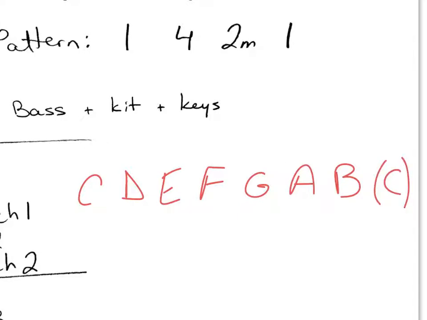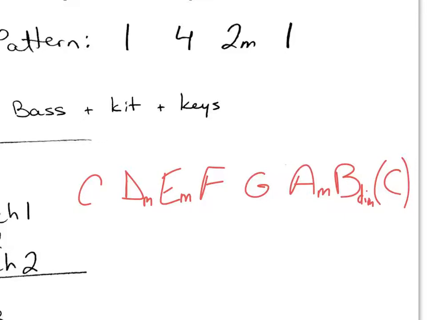In the key of C major, the chords you can play are generally C, D minor, E minor, F, G, A minor, B diminished, although we rarely use diminished chords in rock music. And those are the chords that exist in the key of C major.